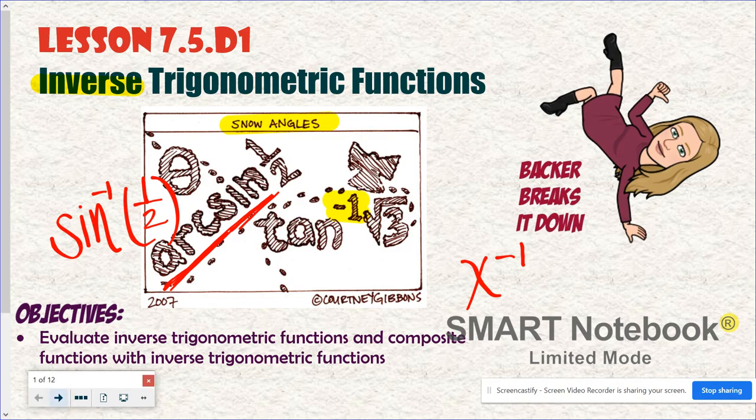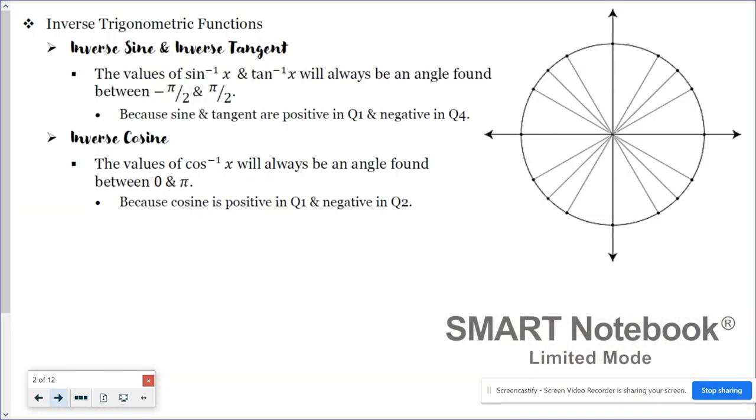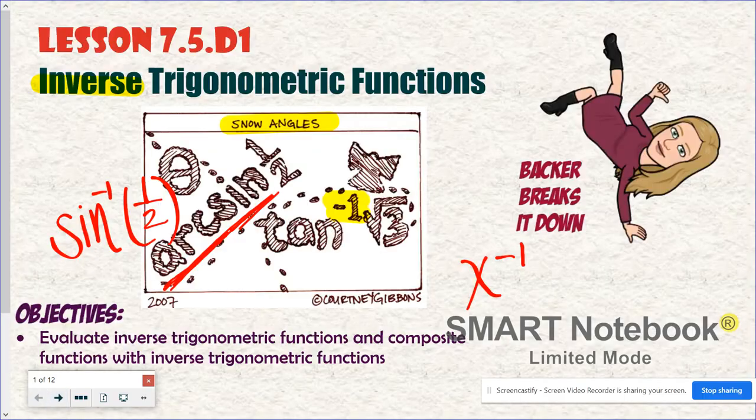When you evaluate an inverse trig function, your answer is going to be an angle. However, our domains are restricted, okay? If I go back to the snow angles comic and do the inverse sine of 1/2, my calculator will tell me it's 30 degrees.